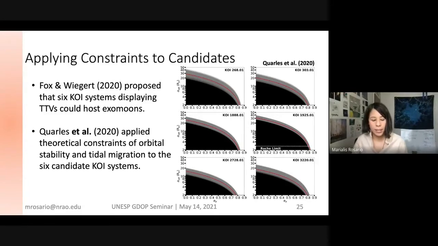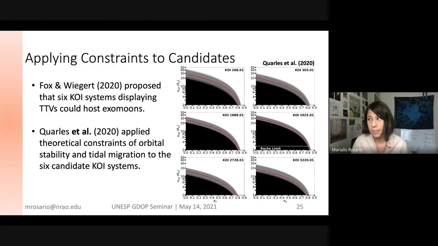This was a letter, and it was put forward by my collaborator, Billy Quarles, where he took 6 KOI systems that were put forward as possible hosts for exomoons by Fox and Wiegert in the same year. And he utilized my expression of the critical semimajor axis to assess the orbital stability of these 6 systems.